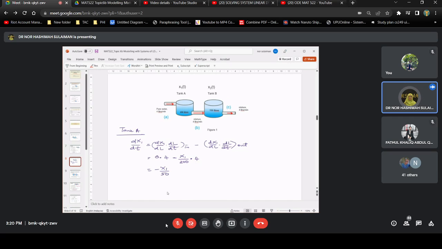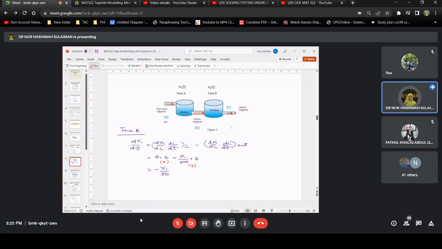Saya labelkan yang ini, yang ini adalah daripada A. Ini ada dalam A kat sini. Yang ini adalah B. Saya labelkan begitu. Yang merah ni untuk tahu apa yang berlaku lah. Yang ini B dekat sini. Okey. Alright, so kita dah dapat satu.